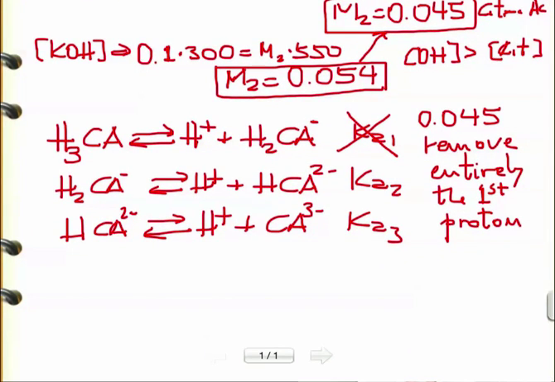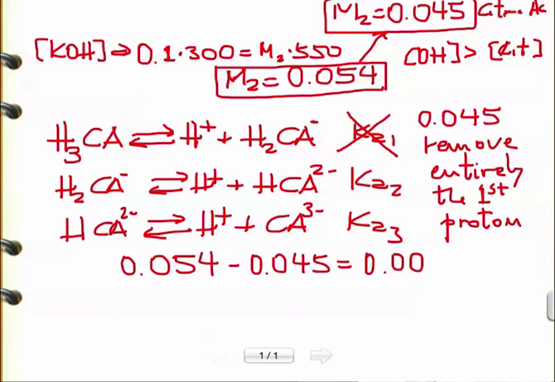So we had 0.054 of potassium hydroxide, and you use 0.045 of that to neutralize the first proton of citric acid.